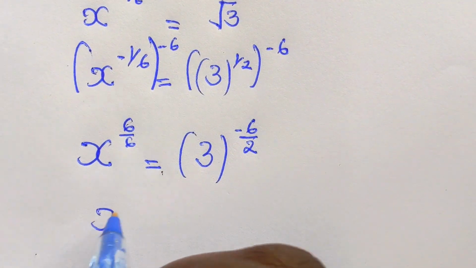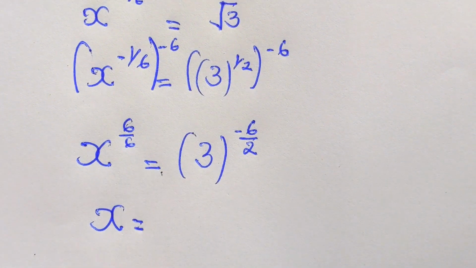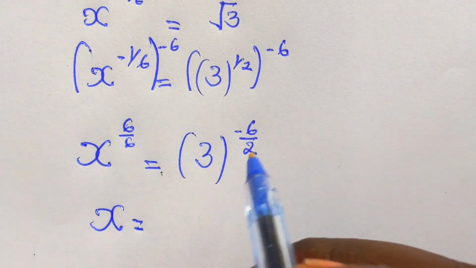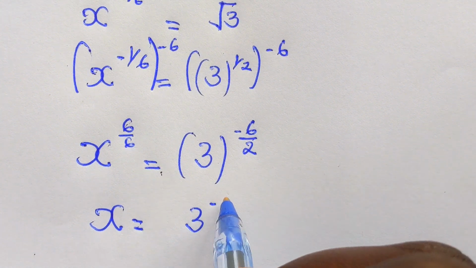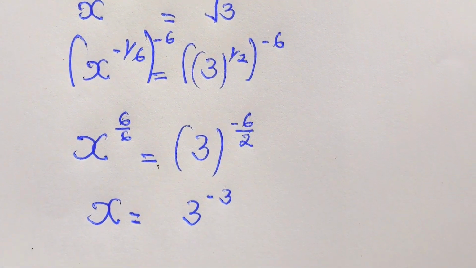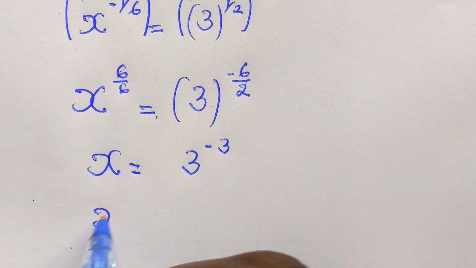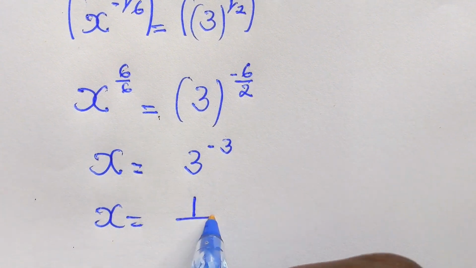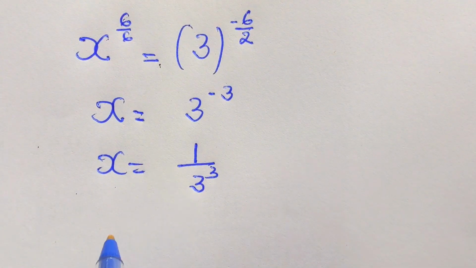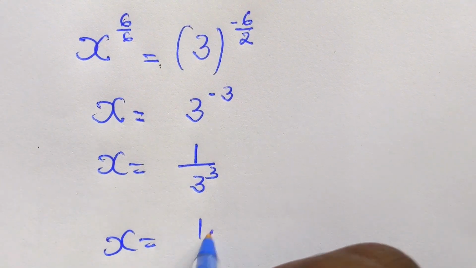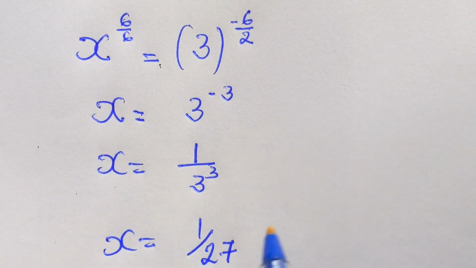So x is equal to 3 power negative 3, meaning x is equal to 1 over 3 power 3. Then x is equal to 1 over 27.